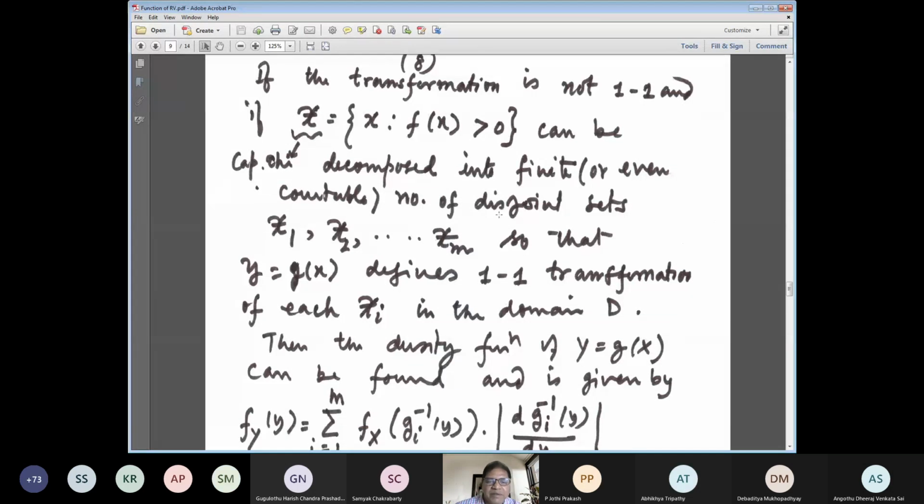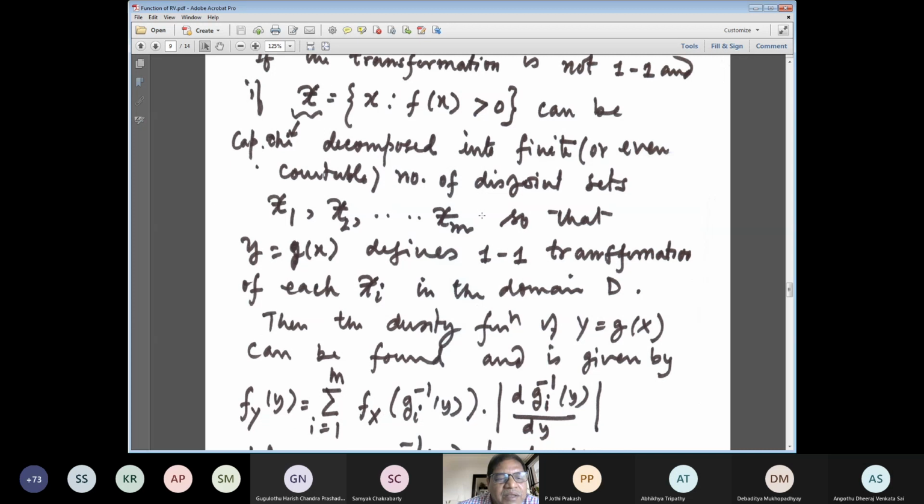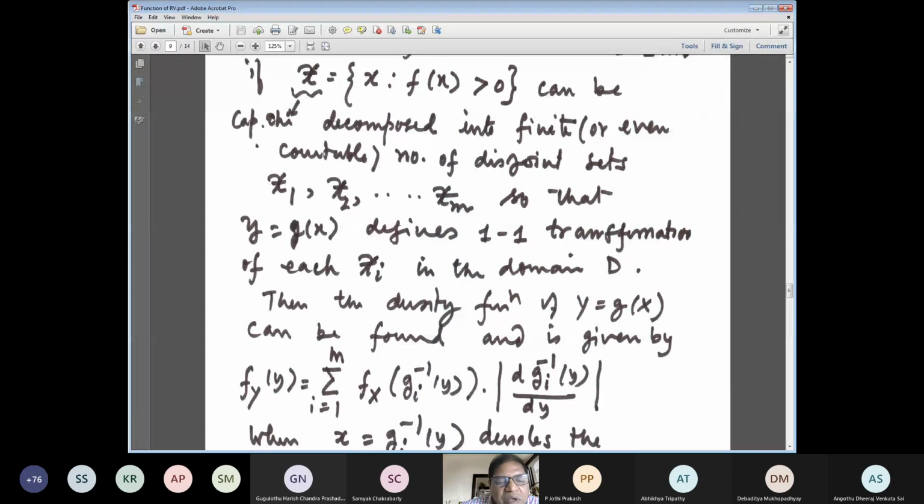Of course, it is an advanced topic, but I still stated the result: you have to break the domain for which the density function is defined into several domains, represented by chi1, chi2, up to chi_m, and in each case the function y equal to g(x) defines a one-to-one transformation.